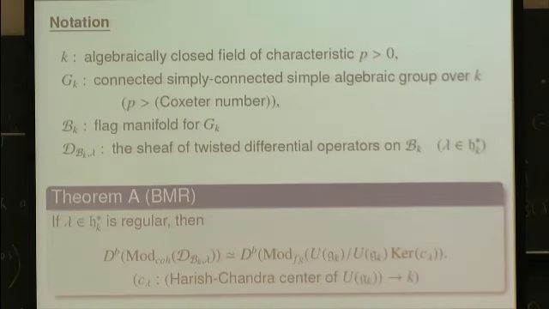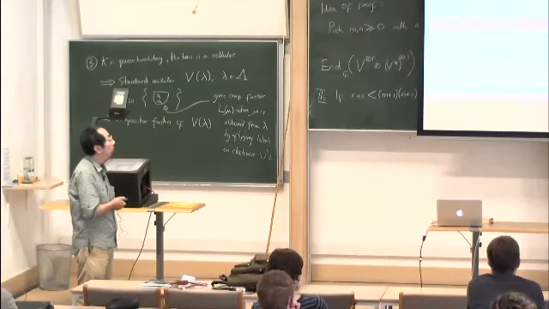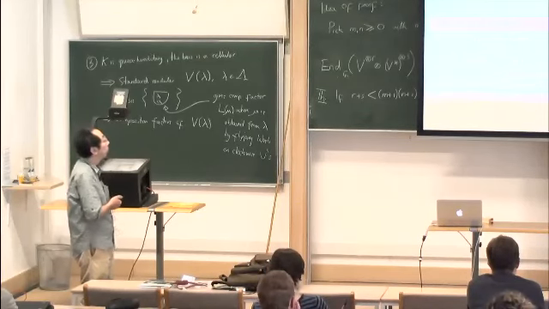This is an analog of the Beilinson-Bernstein correspondence in characteristic 0. In the characteristic zero case, we have an equivalence of abelian categories if lambda is dominant. But in the positive characteristic case, we don't have an equivalence of abelian categories. But we have an equivalence of derived categories when the parameter lambda is regular.